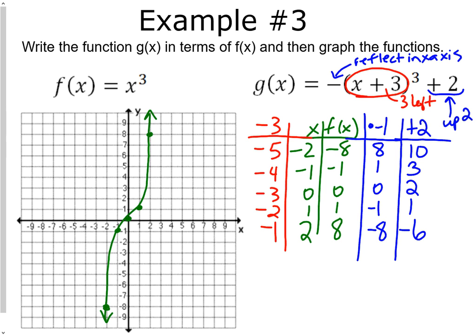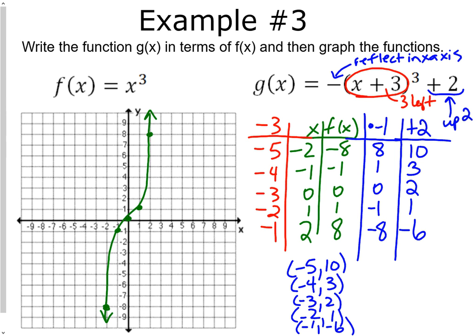And now, again, I'm going to take my outermost columns to make my new points. So -5, 10, -4, 3, -3, 2, -2, 1, and -1, -6. All right, and now let's plot this on my graph and see what we get.